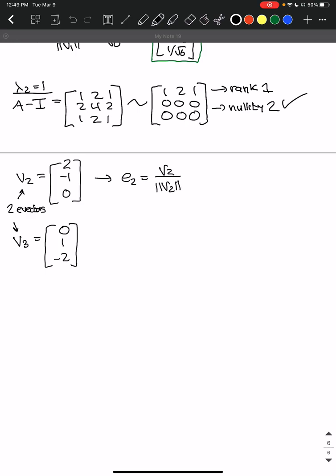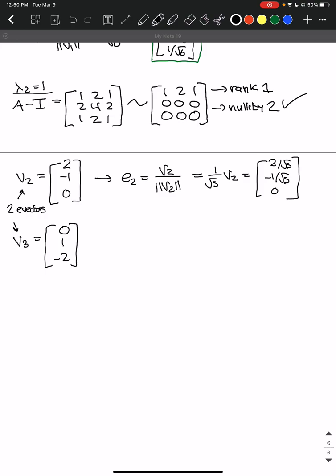So we're starting the Gram-Schmidt procedure over for our second eigenvalue. The norm of V2, we can convince ourselves, is root 5. So I get 1 over root 5 times V2, which is equal to 2 over root 5, minus 1 over root 5, and 0.